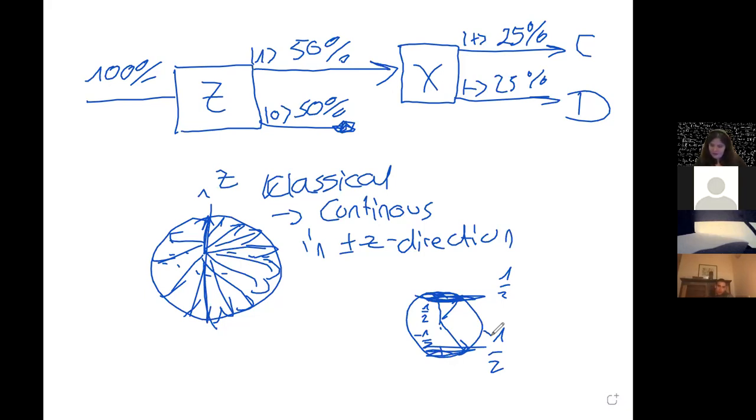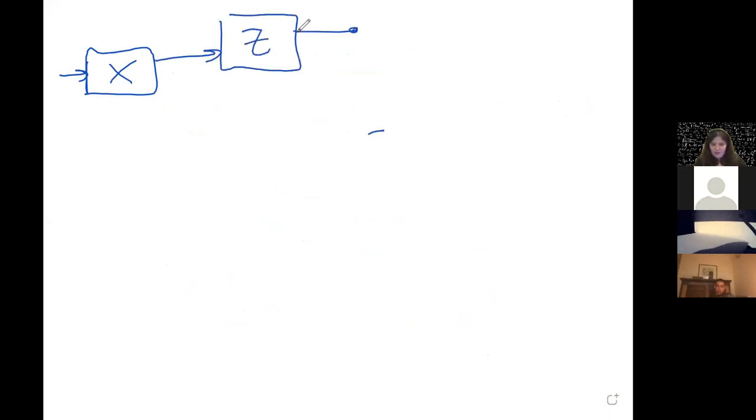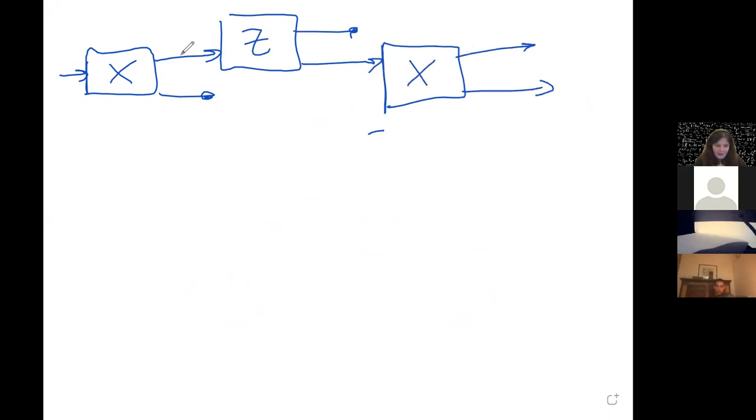So we had the ZX, and now the last one was that you had a Stern-Gerlach experiment in X space, then one in Z, and again one in X. And I will write here again.